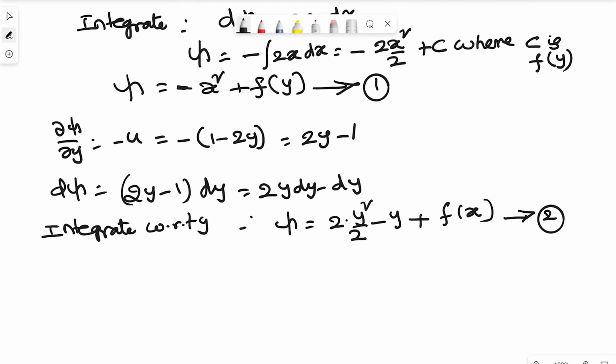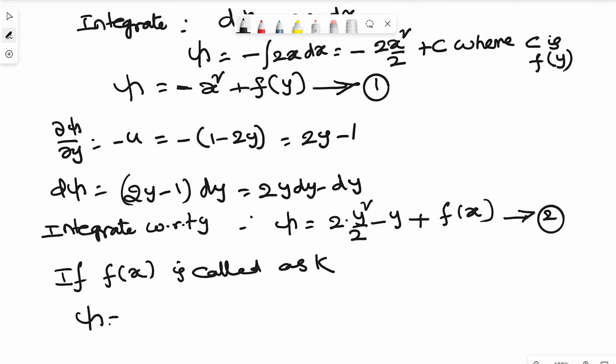If f(x) is called as k, then psi is equal to y square minus y plus k.